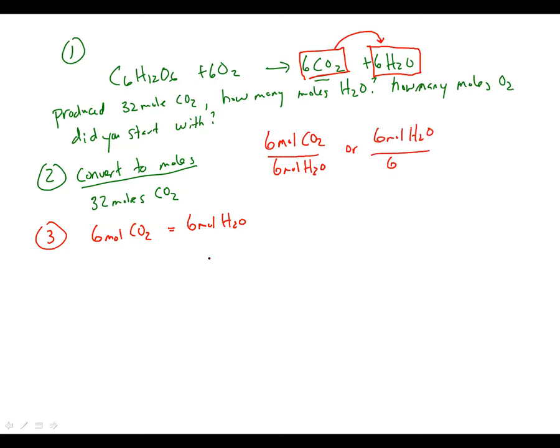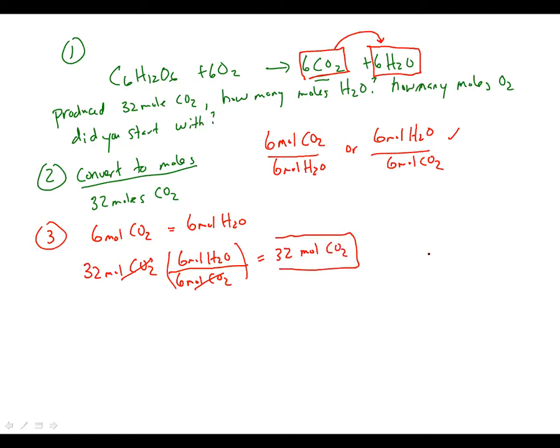And if we were to do that problem, we would take our 32 moles of CO2. We would use the conversion factor that's going to help us, which is this guy. Again, it won't always be the one on the right. To 6 moles of H2O. Again, from the equation, that's the stoichiometry. And in this case, we would actually end up with 32 moles of H2O, and this would be the answer.